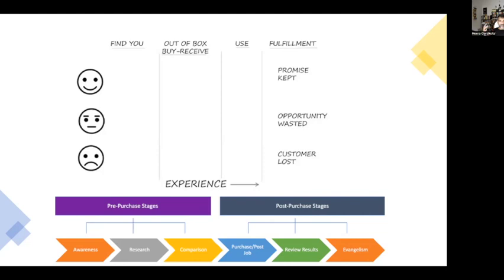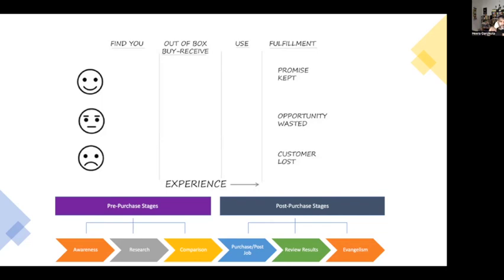Where you kept a promise, the customer is happy, or you've actually surprised and delighted the customer, so the customer is happy with a pleasant surprise. You've not kept your promise, but it's not too bad, but it's an opportunity waste. That's the second state. The third state is the customer is lost. They had a bad customer experience.